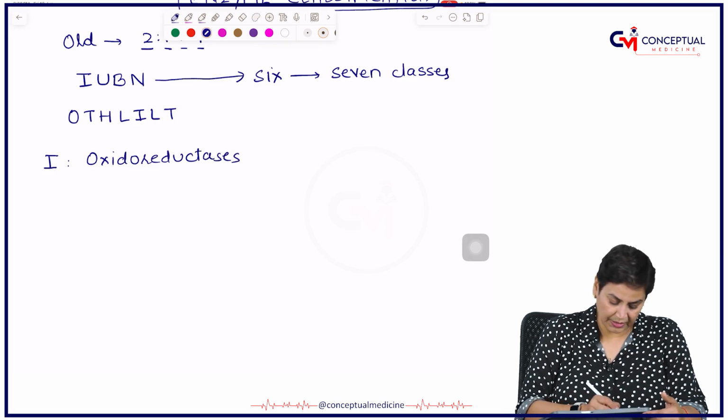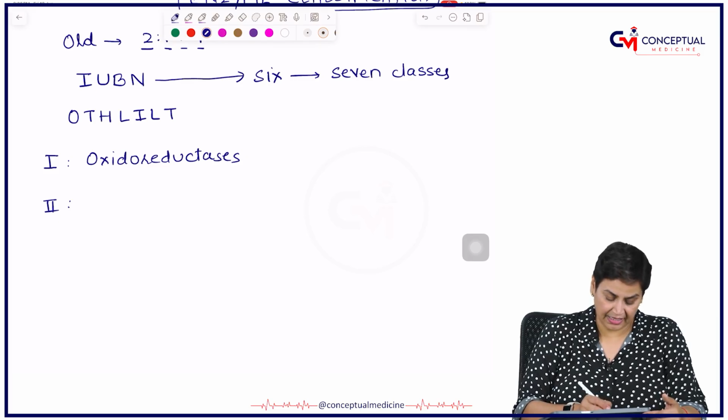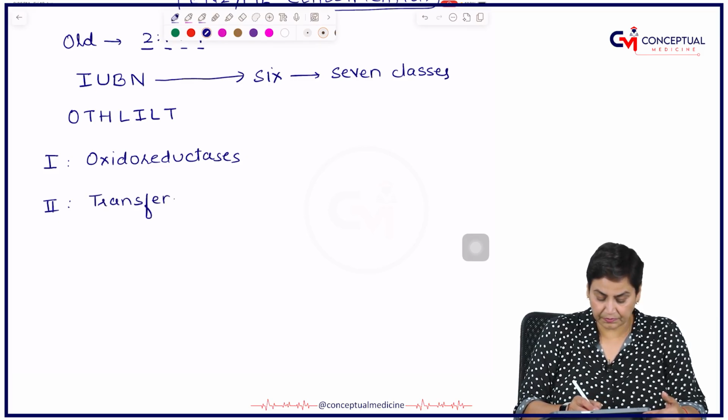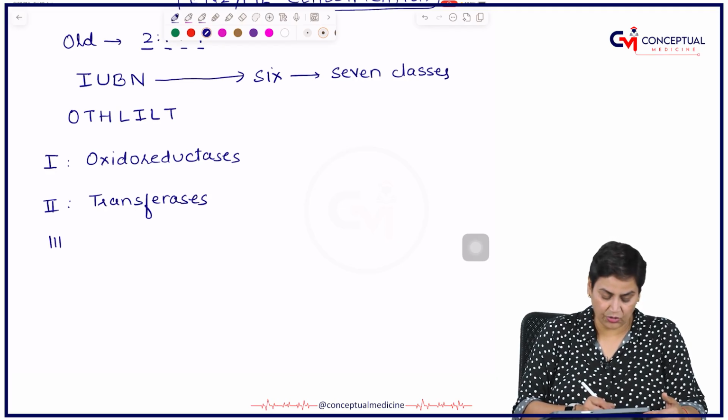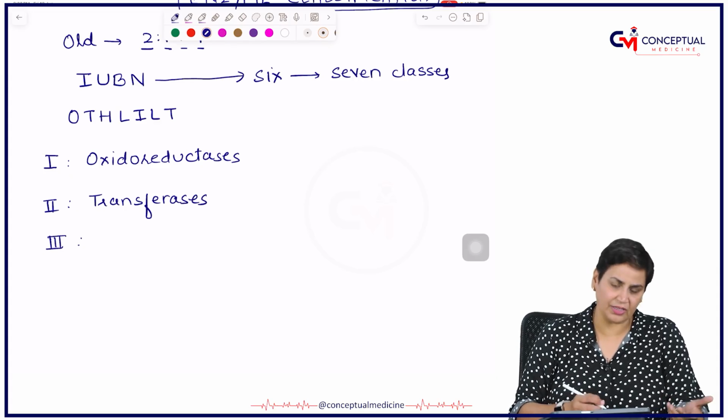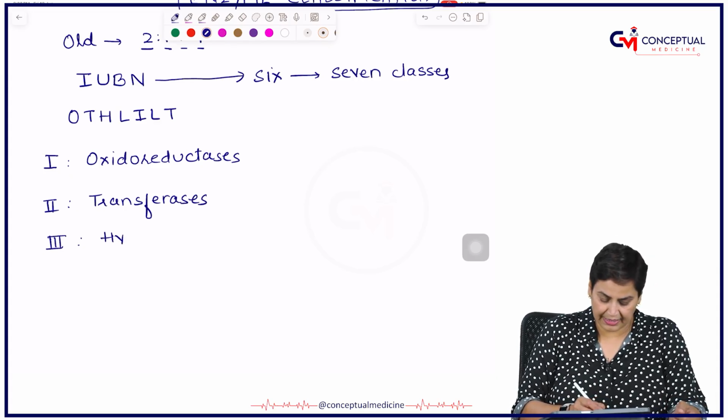Class 2, T, is transferases. H stands for hydrolases, which comes under type 3 or third class, hydrolases.